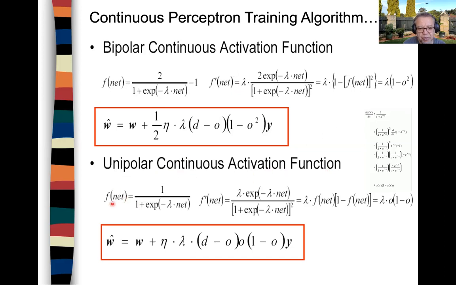In this case, the formula for f(net) is different. f(net) is equal to 1 divided by 1 plus exponential of minus lambda times net.